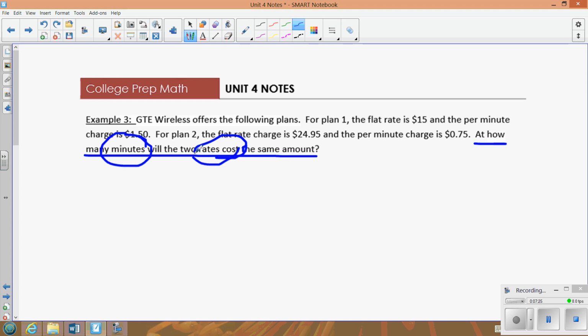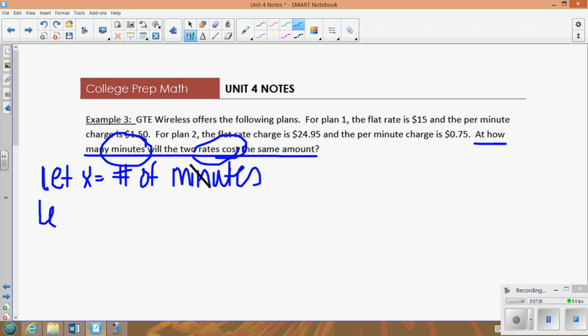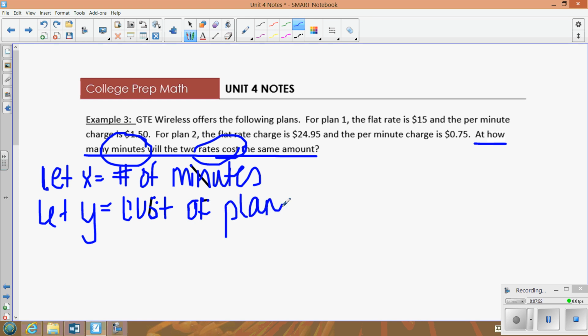So when we do this, let's let x equal the number of minutes, and let's let y equal the cost of the plan, because these are talking about like cell phone plans.